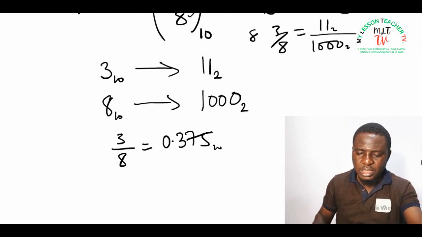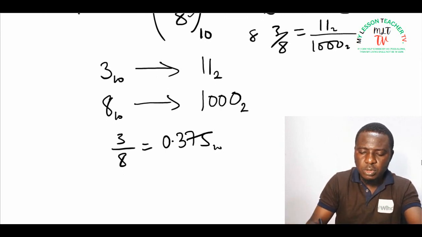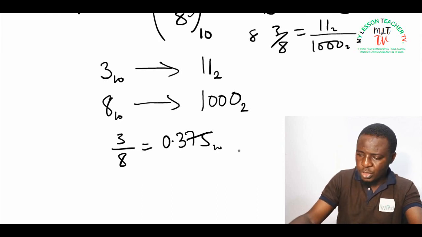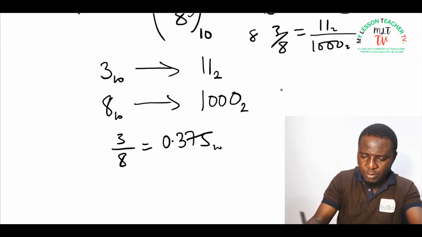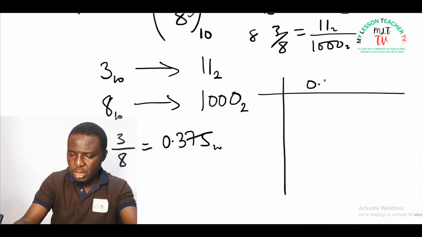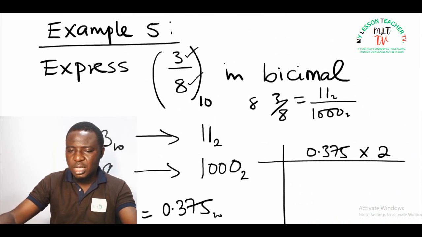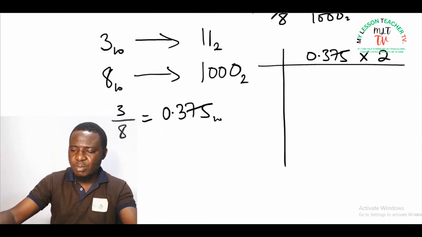Since this is decimal, we can then move ahead to convert it from base 10 to base 2, which is by the use of repeated multiplication. So this becomes, if I'm to do it here, 0.375 to be multiplied by 2, because we are asked to express it in binary.